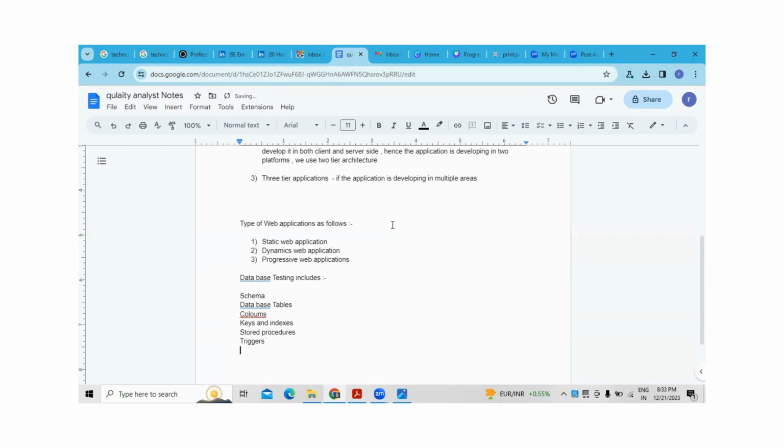Followed by this, we need to know the triggers. What are the trigger points? The triggering points also have to be tested. At the same time, database server validations.